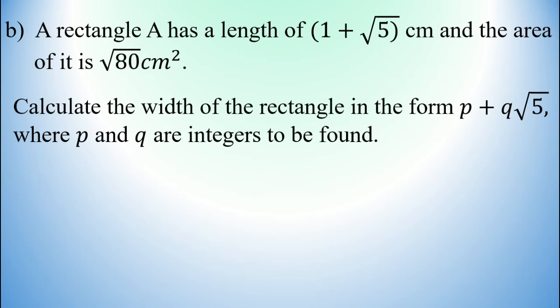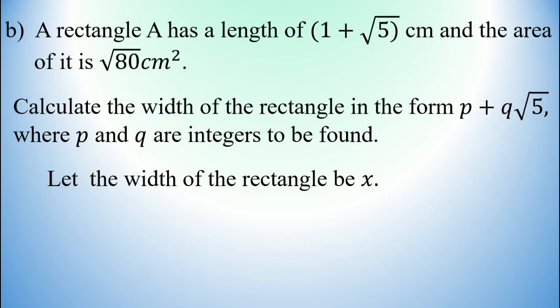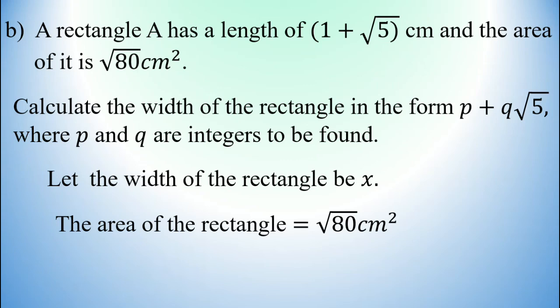A rectangle A has a length of 1 plus root 5 centimeters and the area of it is root 80 square centimeters. Then you have to find the width of the rectangle. Suppose the width of the rectangle is x. On the other hand, the area is equal to x into 1 plus root 5.